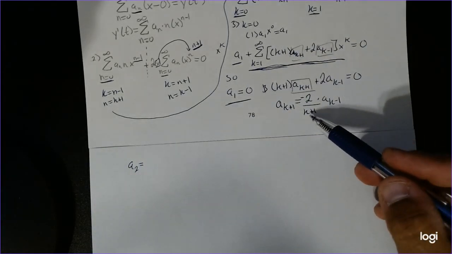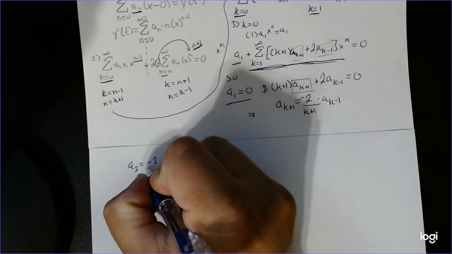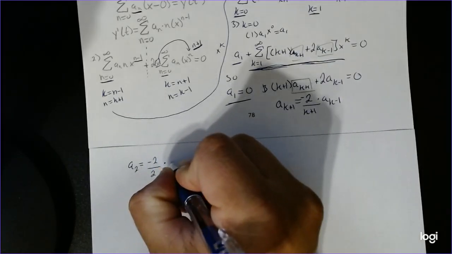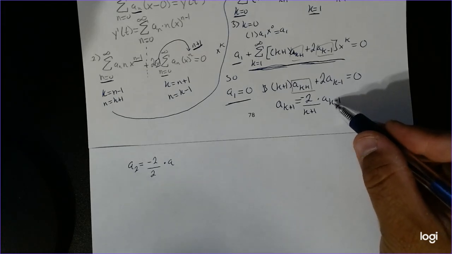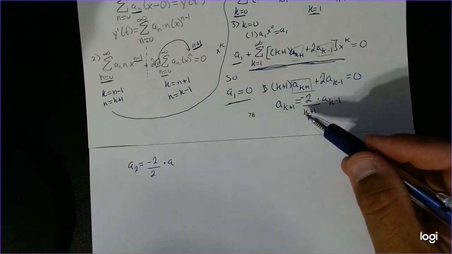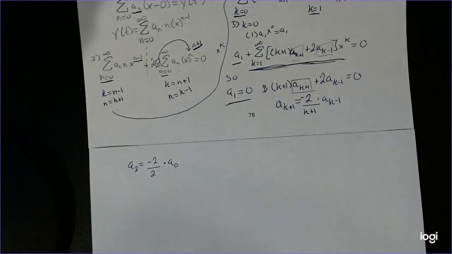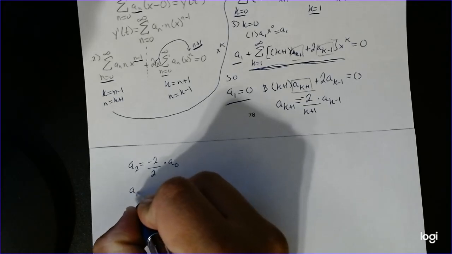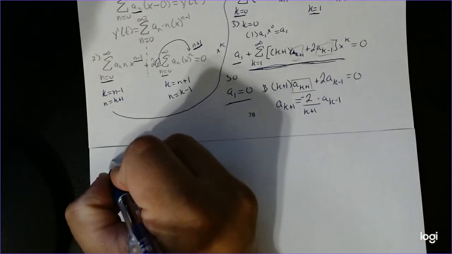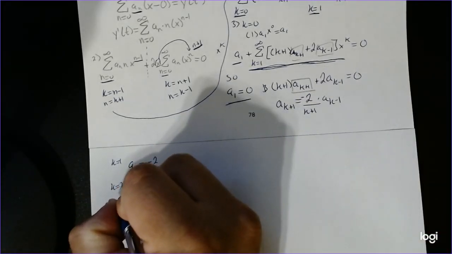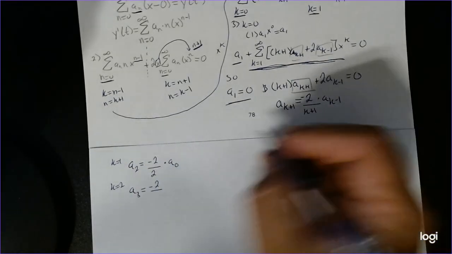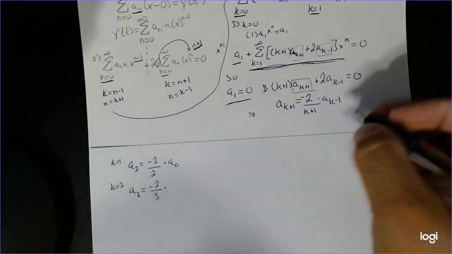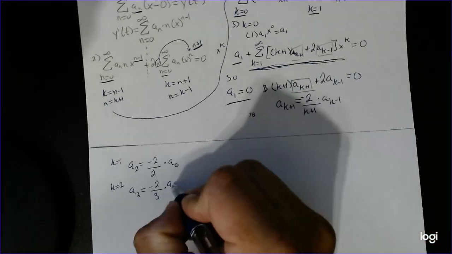Again, k equals 1, so this is a2 times a_(k minus 1), which is a naught. And let's keep going. So a3, this is when k is equal to 2, this is a3, and k equals 2 gives a1.